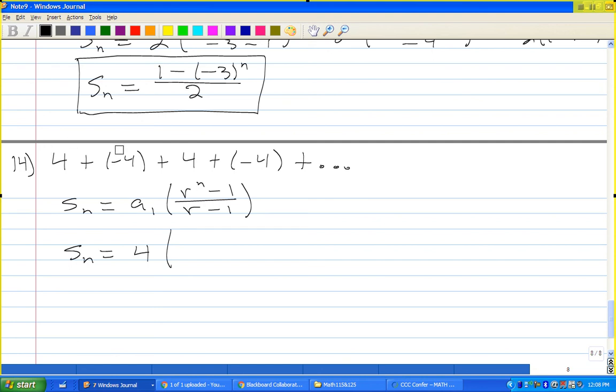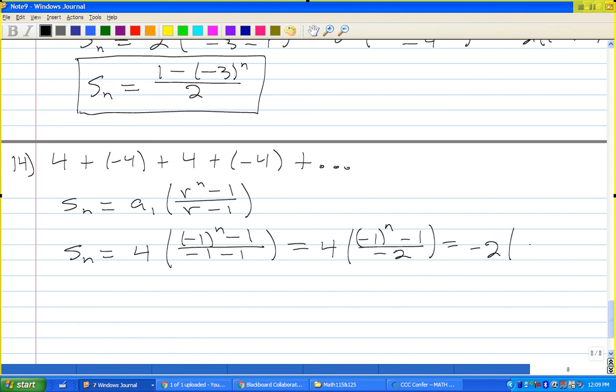4 times negative 1 is negative 4, times negative 1 is positive 4, times negative 1 is negative 4. And so this is equal to 4 times (negative 1 to the n minus 1) over negative 1 minus 1, which is negative 2. 4 divided by negative 2 is negative 2.